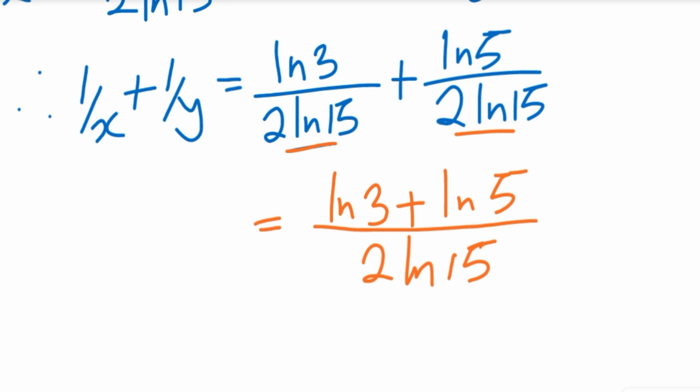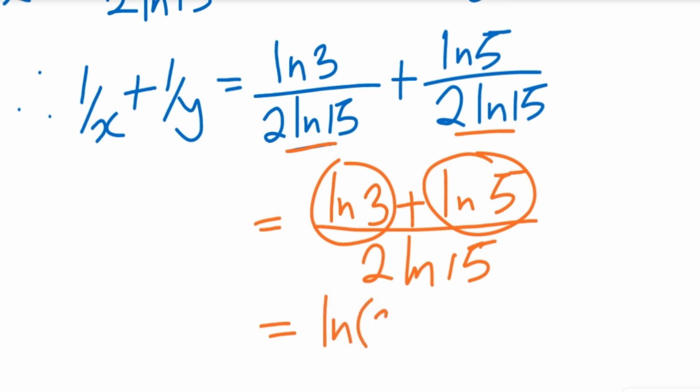According to the multiplication law of logarithms, when we have two values like this, all we need to do is bring the two values together, and that will multiply. We'll have 3 multiplied by 5, divided by 2 times the natural log of 15.